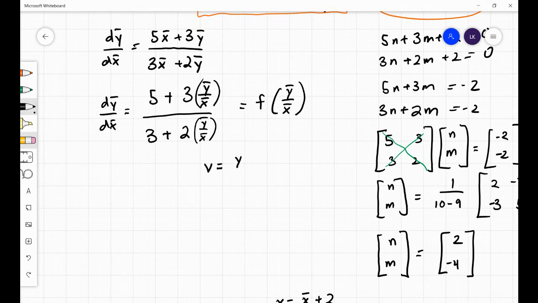By calling y bar over x bar a new dependent variable v. To make life easier, let's solve for y bar, and then differentiate both sides with respect to the independent variable x bar. You have to use the product rule because v is a function of x bar.